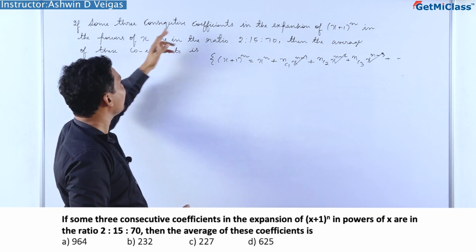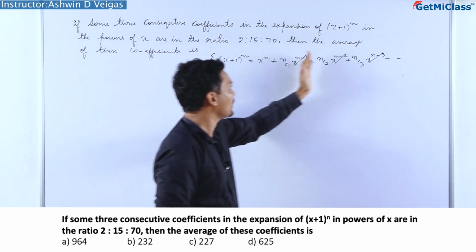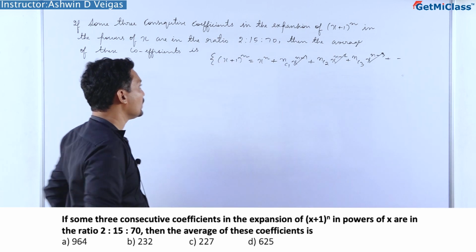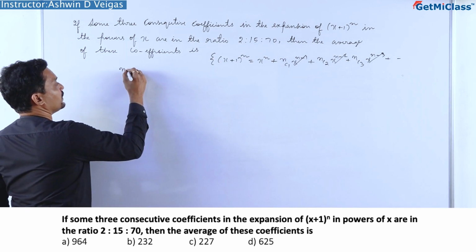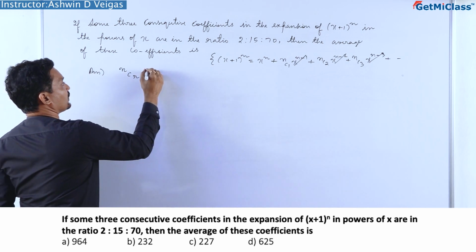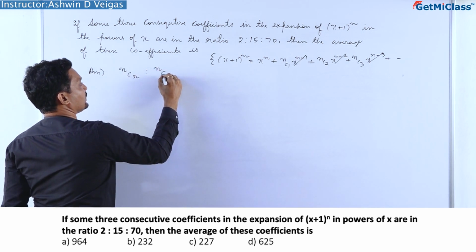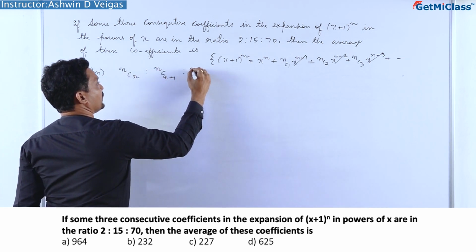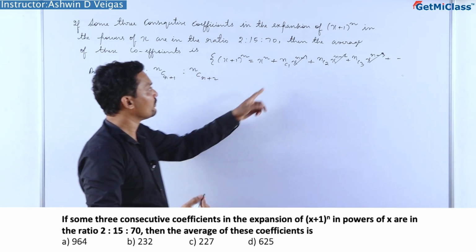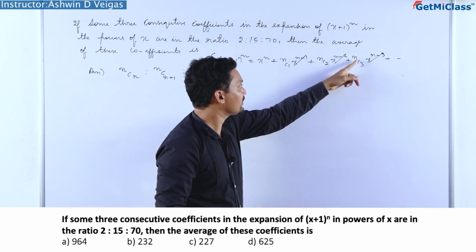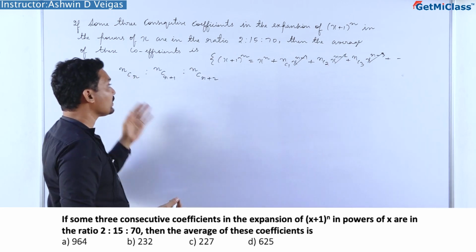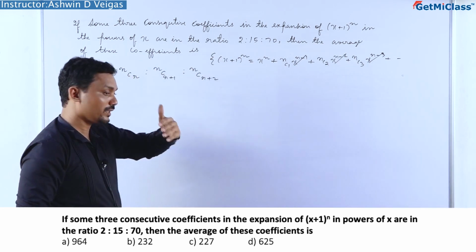Now, some 3 consecutive coefficients, somewhere here, are in this ratio. That means nCr is to nC(r+1) is to nC(r+2), and you can see that every coefficient is of the form nC(r), nC(r+1), nC(r+2); they are increasing in order by 1.